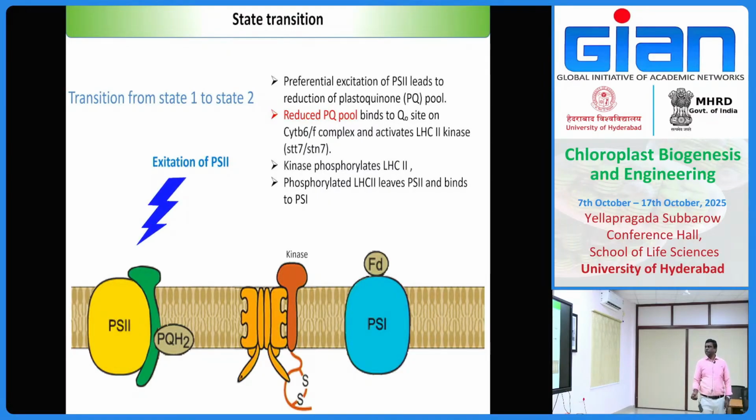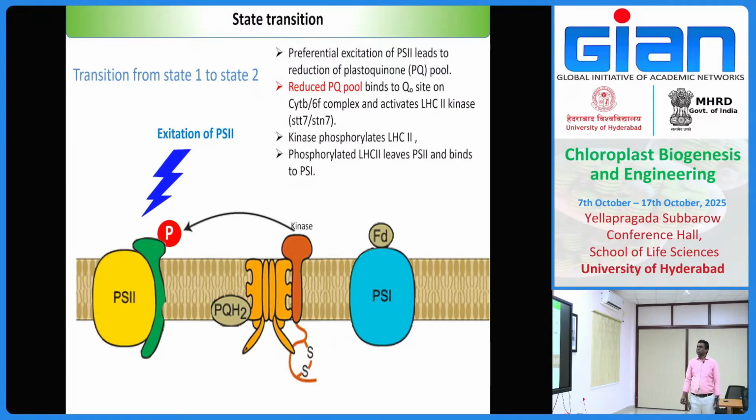I just want to show a little bit more representation. So this is the PQ pool, kinase is activated, and the kinase activates LHC2 phosphorylation. So it gets excited, goes and binds to photosystem 1. This is called the state transitions mechanism. It happens in every plant, every photosynthetic organism.